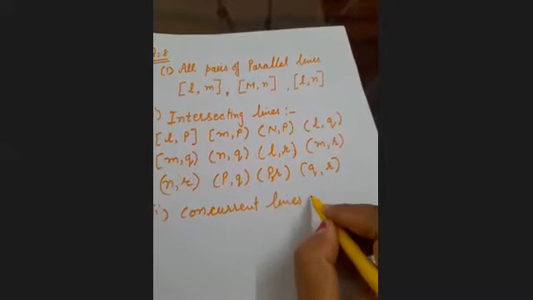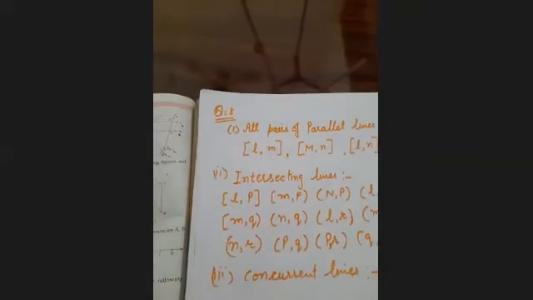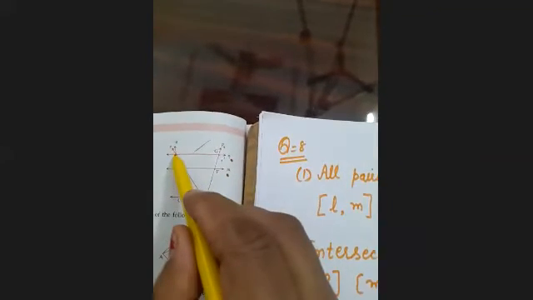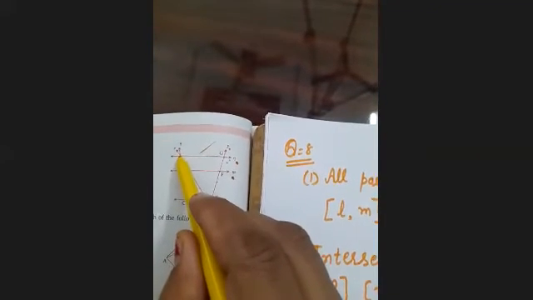Yes, students, as you know, concurrent lines are those lines when more than 2 lines intersect at one point. So here you can say 3 lines. First is line N, second is R, then Q. So these are concurrent lines.